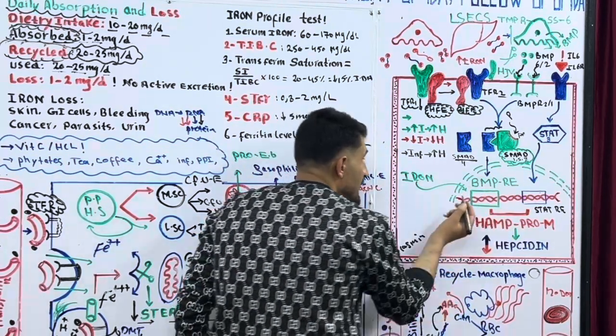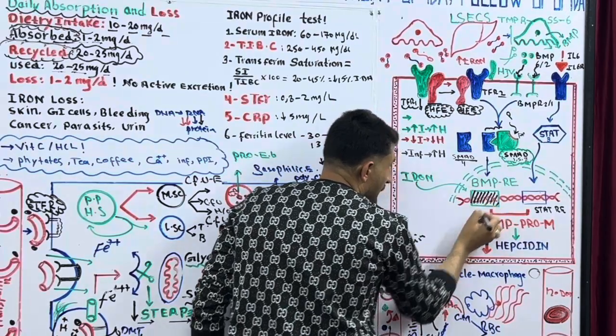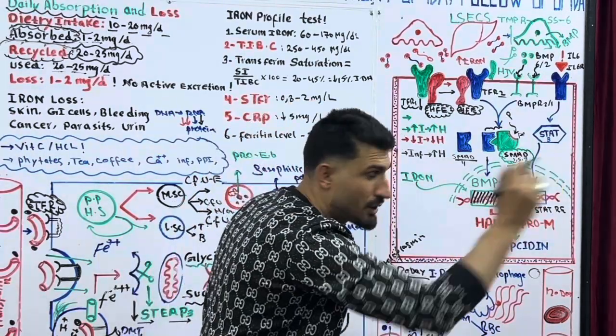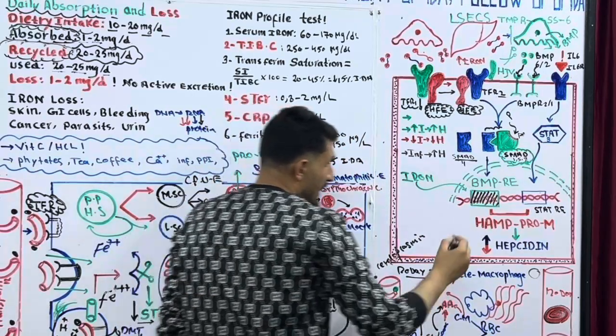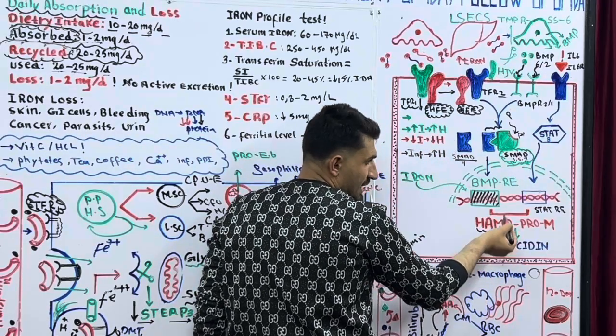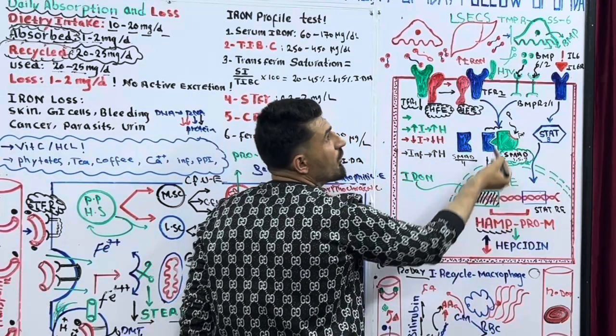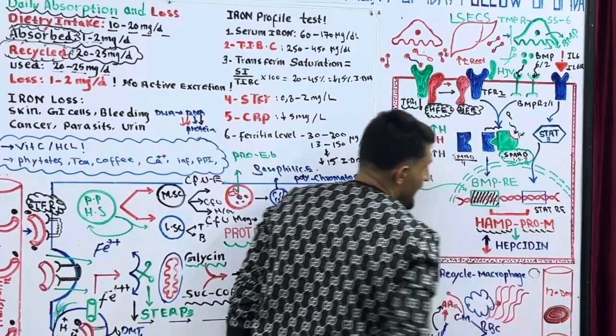And these stimulate a specific region, a promoter region, an enhancer region inside the DNA, which promotes HAMP, the gene which is responsible for production of hepcidin, the HAMP promoter area.